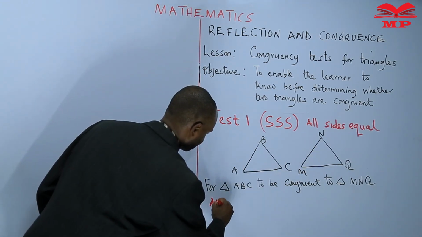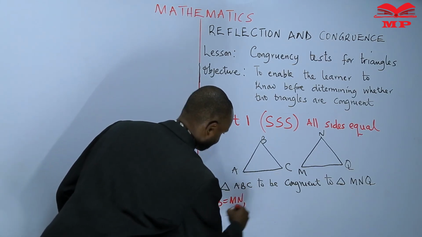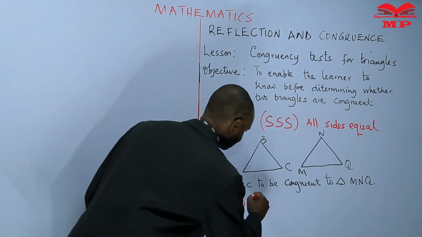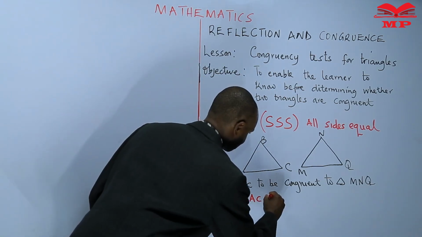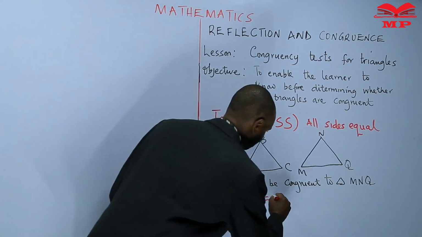AB should be equal to MN. AC should be equal to MQ.